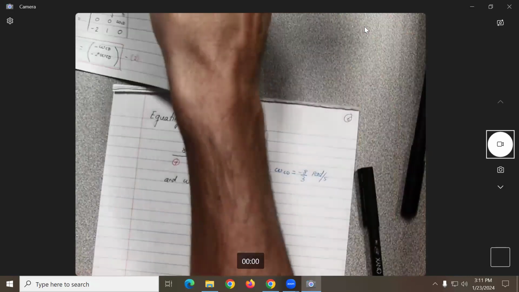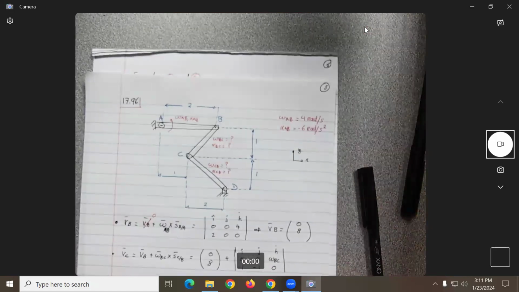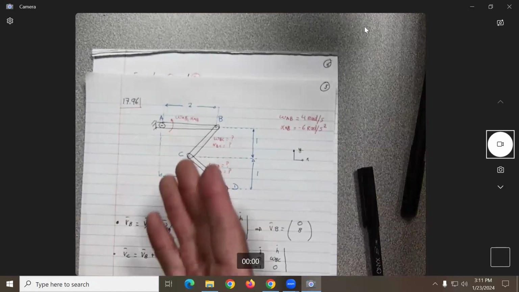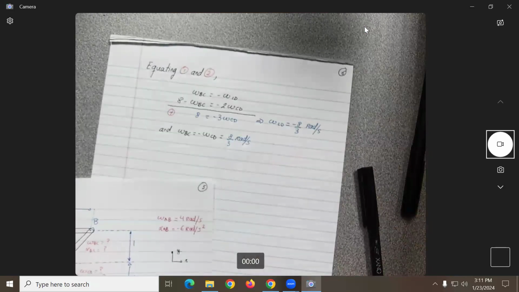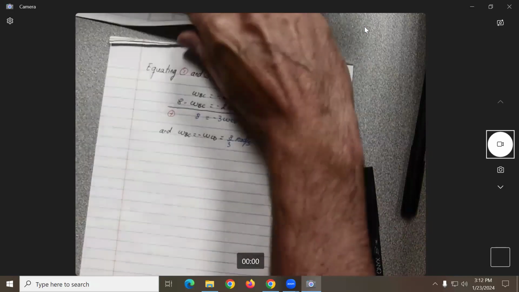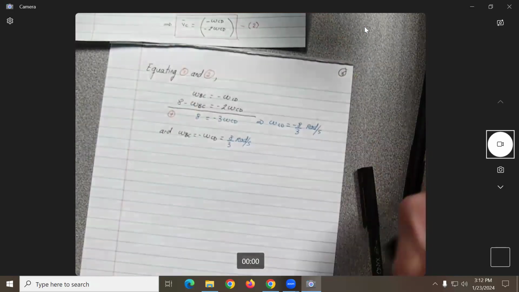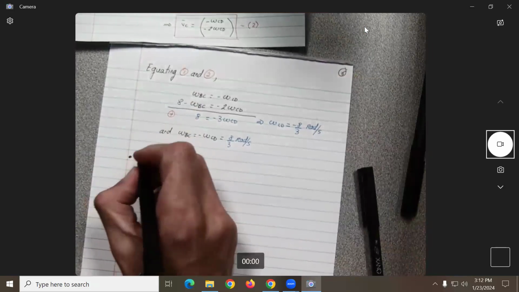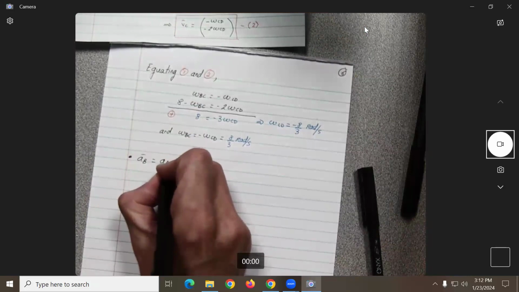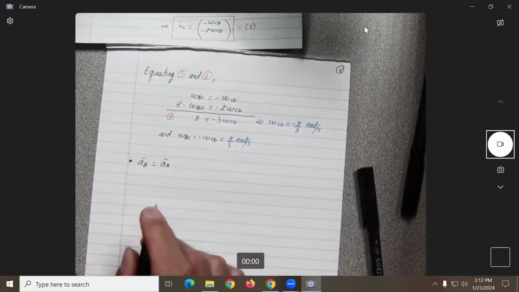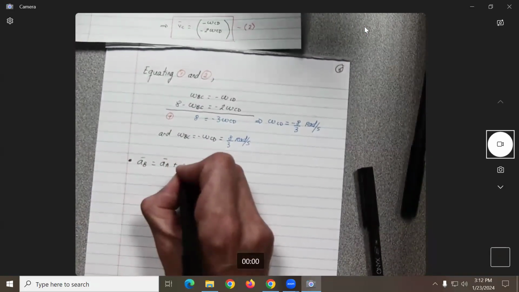Okay, so now let's see if we have time. What do we need to do? Exactly the same steps, but for the acceleration. So here we go. We're going to do acceleration of what? Acceleration of B with respect to A. So we're going to have acceleration of A plus alpha of which bar?